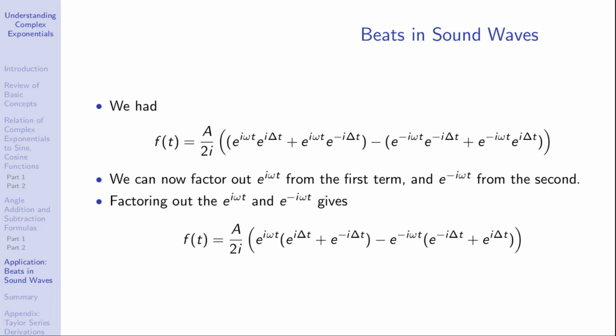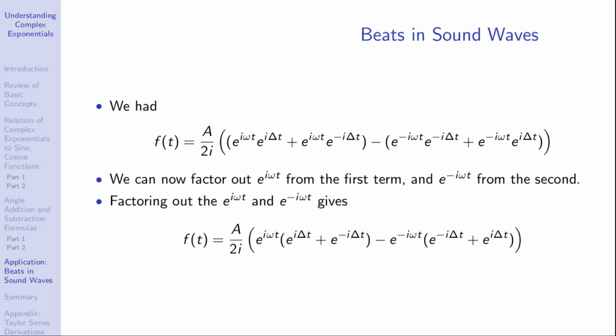Okay, so we have that expression from the previous slide. Now we can factor out e to the i omega t from the first term and e to the minus i omega t from the second term.